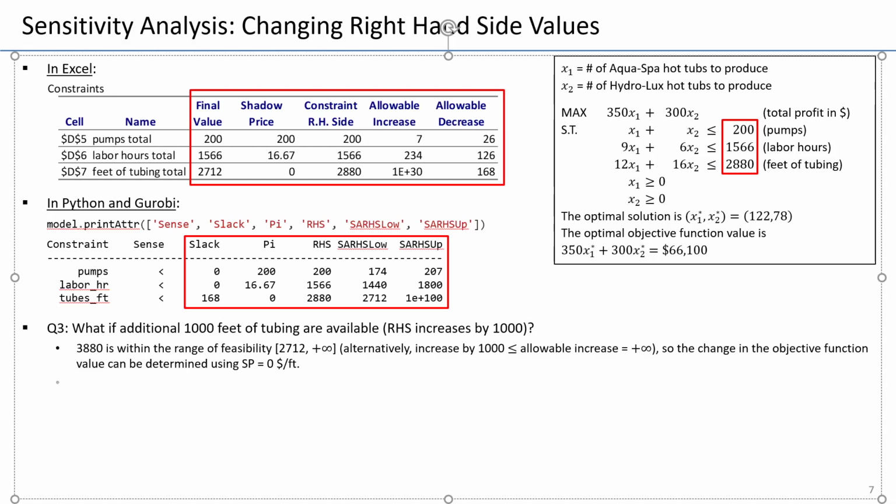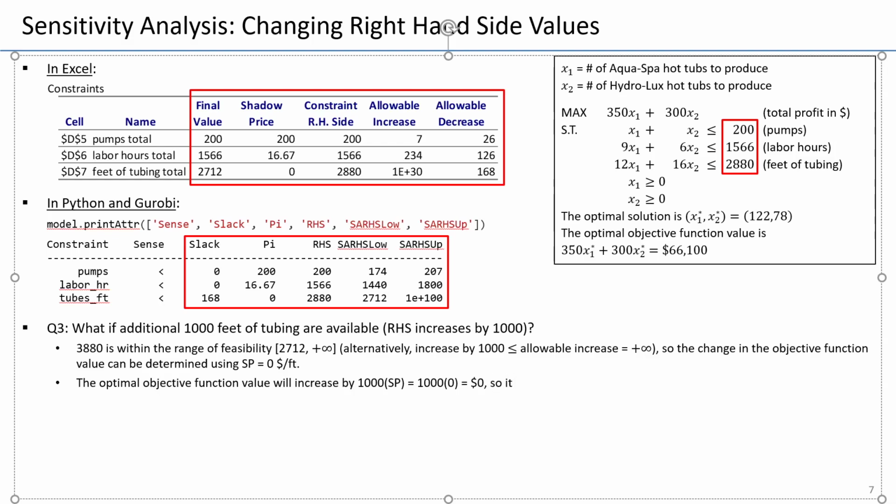So we could say again, the optimal objective function value will increase by, right, this 1,000, the increase in the right-hand side, times the shadow price, right? But that's now 1,000 times 0, so the increase is by $0.